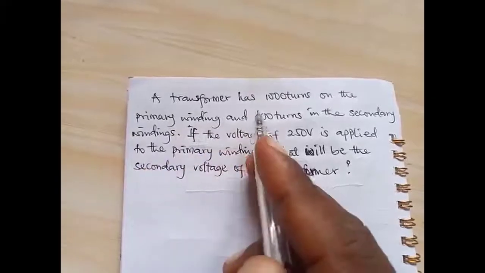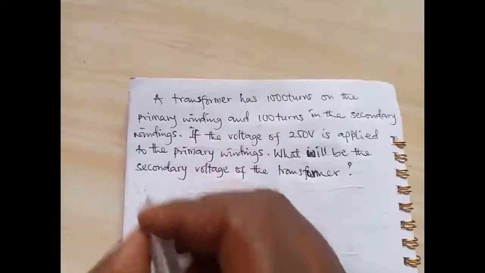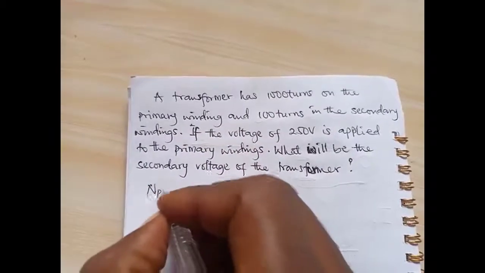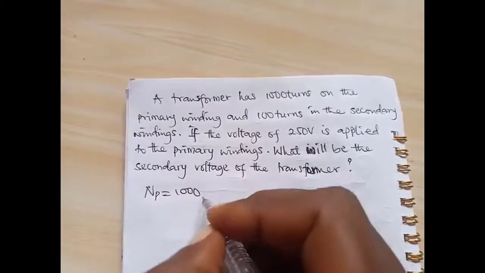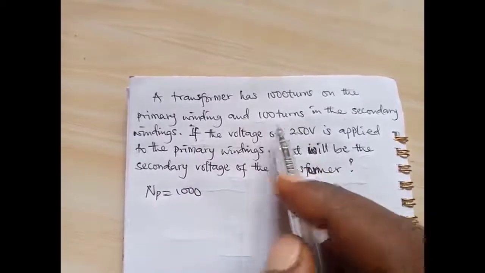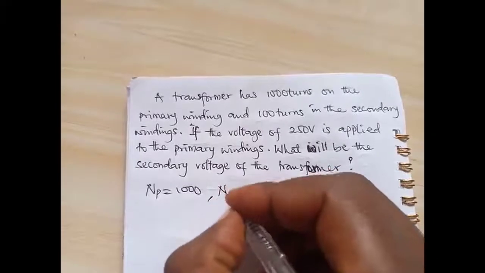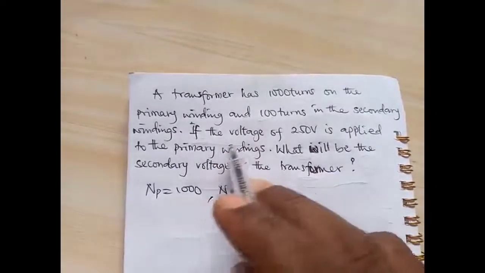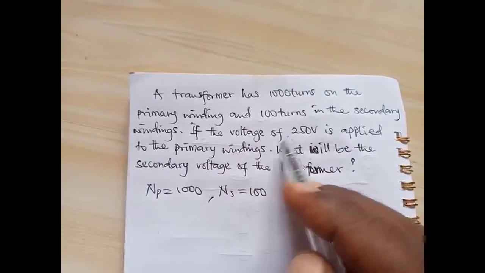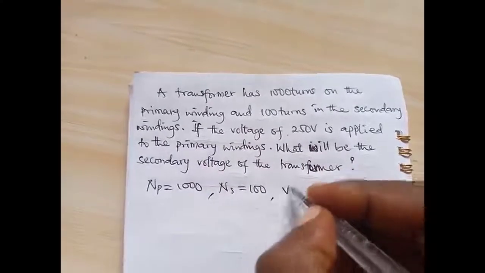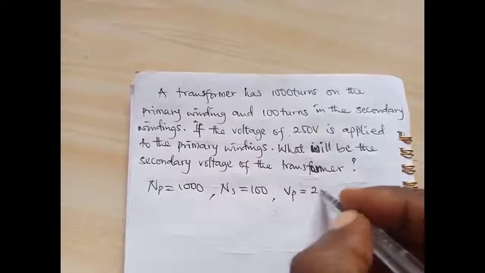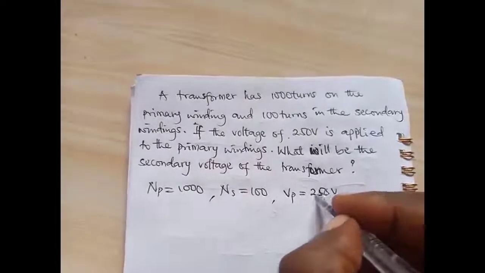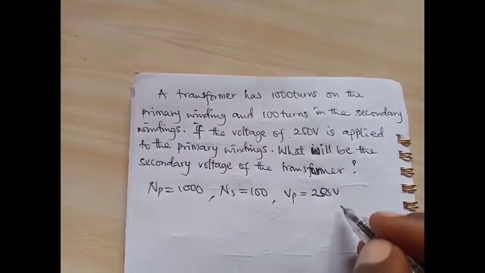The transformer has 1000 turns on the primary winding, so primary turns is 1000, and 100 turns in the secondary winding. If the voltage of 250 volts is applied in the primary, so primary voltage is 250 volts, what will be the secondary voltage?